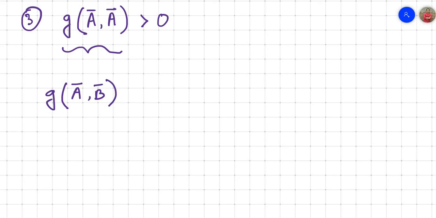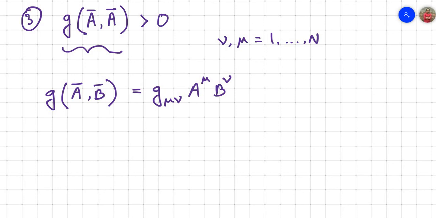So in component form, we can write this number as g mu nu a mu b nu, where mu runs from 1 to n, and nu also runs from 1 to n, and they're contracted, so there are two summations, one on mu and one on nu.